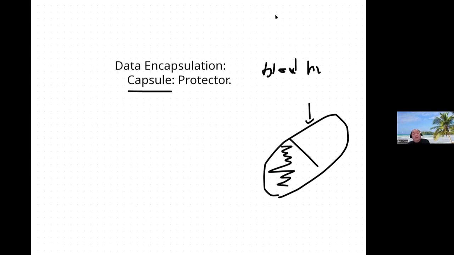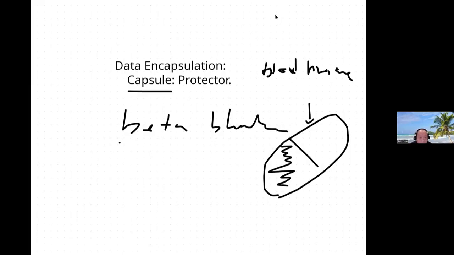And then you don't need to know what's inside. You just know that this medicine, let's assume it's called a beta blocker, helps your blood pressure control, right? So what you know is the functionality of the capsule.